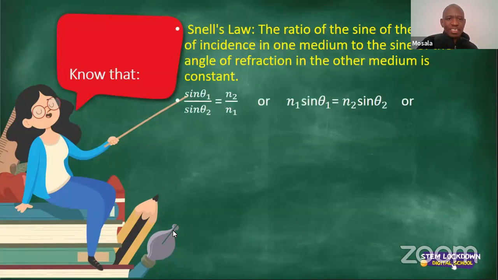So let's represent that mathematically. The ratio of the sine of the angle of incidence in one medium to the sine of the angle of refraction in the other medium is constant.